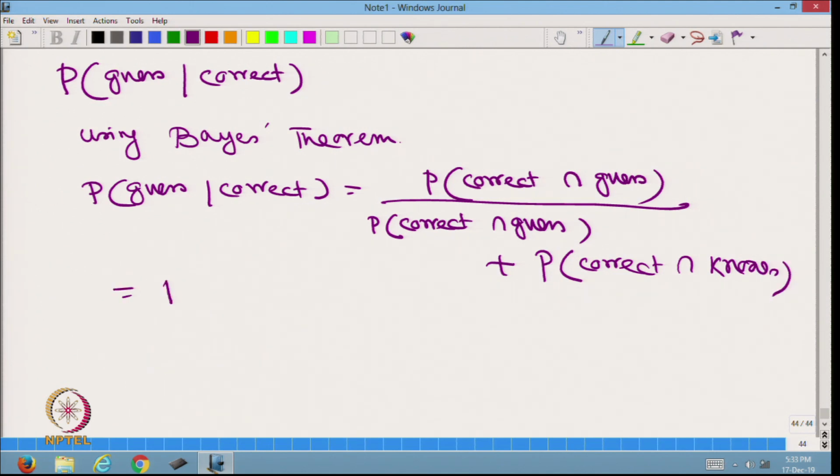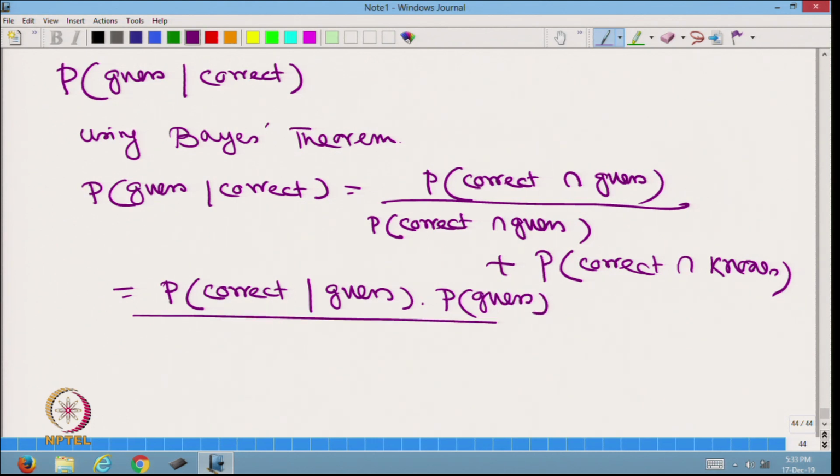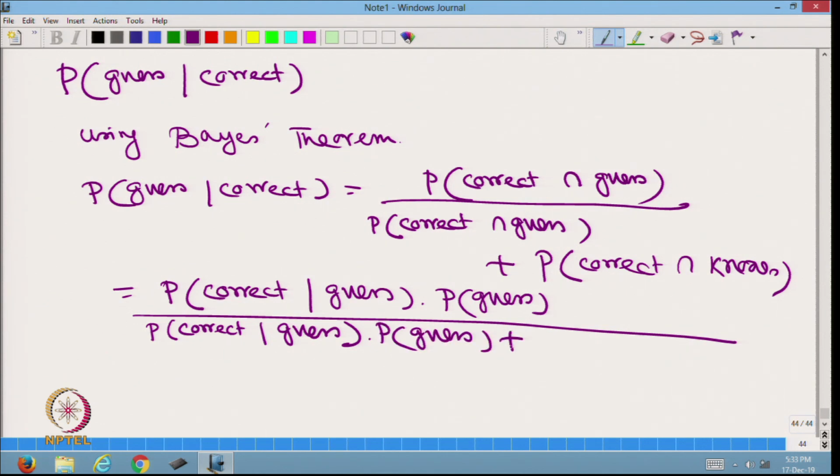This is equal to probability of correct given he guessed multiplied by probability that he has guessed, divided by probability of correct given he guessed multiplied by probability of guess, plus probability of correct given he knows multiplied by probability of knows.